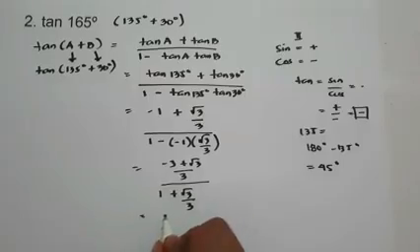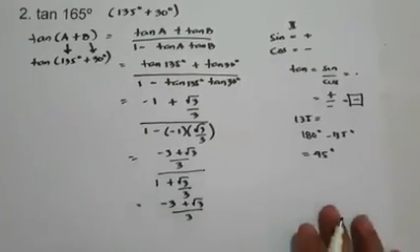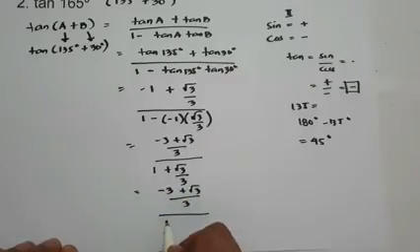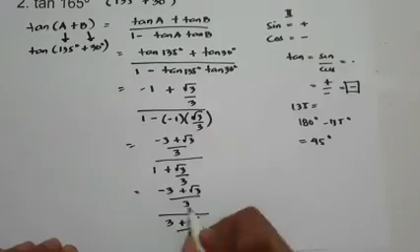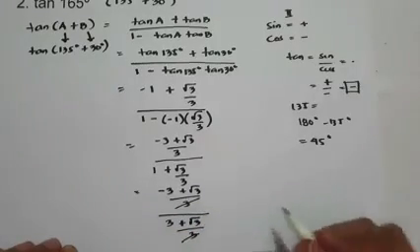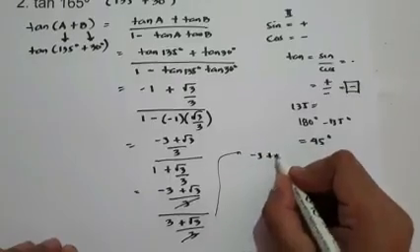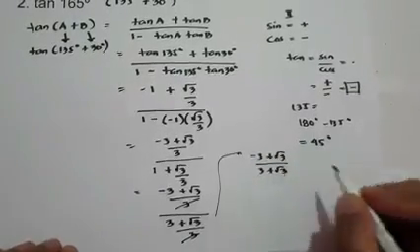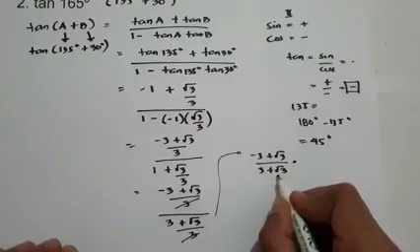So let us simplify. Negative 3 plus square root of 3 over 3, divided by 3 times 1 is 3, plus square root of 3 over 3. So let us cancel this one and let's have here negative 3 plus square root of 3 over 3 plus square root of 3. And then let us conjugate to eliminate the radical sign on the denominator.